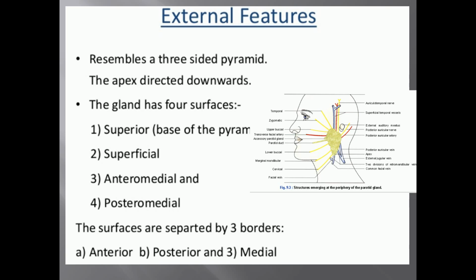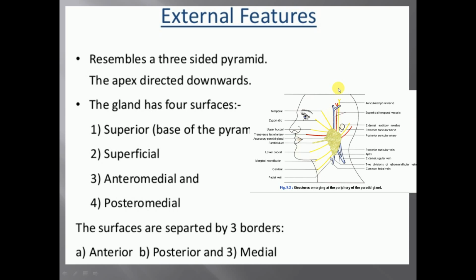Coming on to the external features, it resembles a three-sided pyramid. This is the apex, which is directed downwards. It consists of four surfaces, that is the superior, the superficial, the anteromedial and the posteromedial.